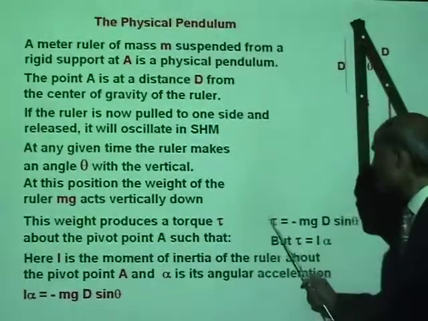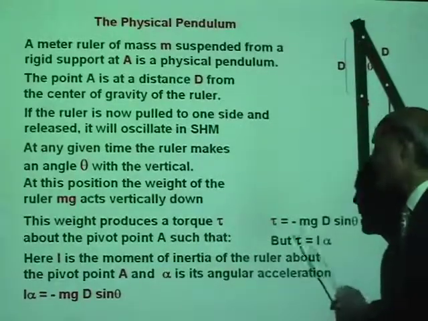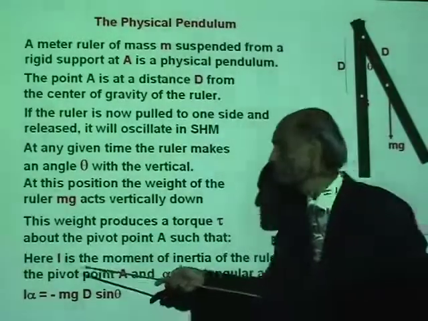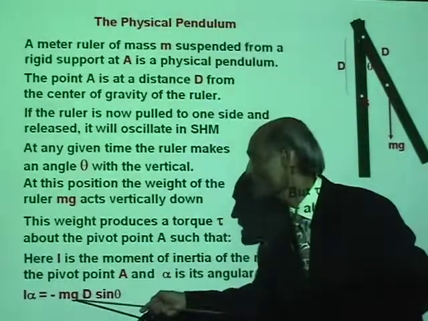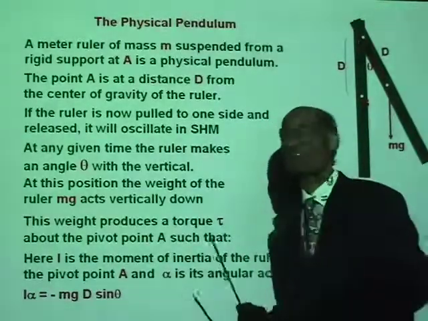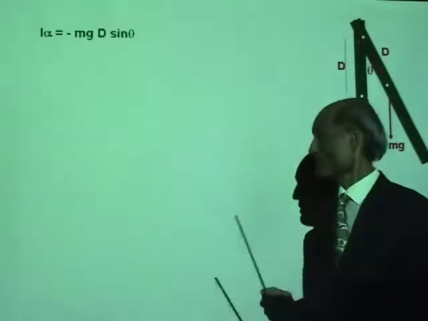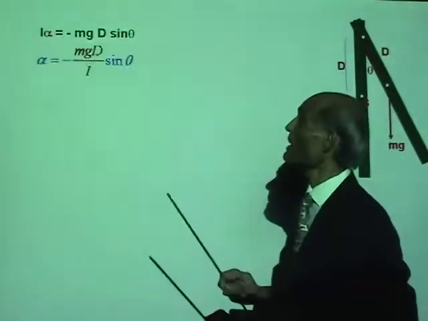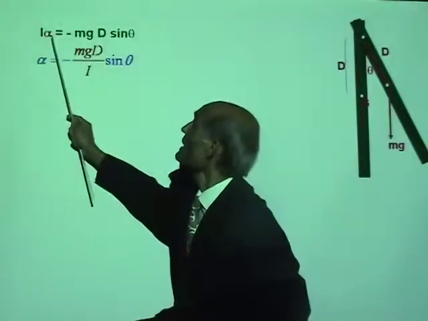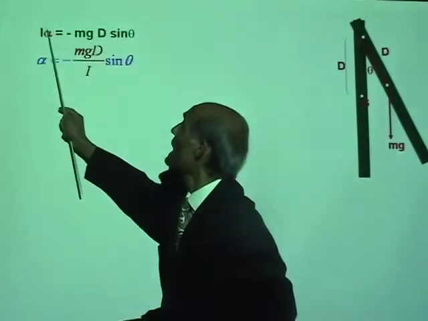Therefore, replacing this tau by I alpha, look at the equation we generated. I alpha equal to negative mg d sine theta. Alright, let's take this equation and talk about it further. Let's solve for alpha from here.